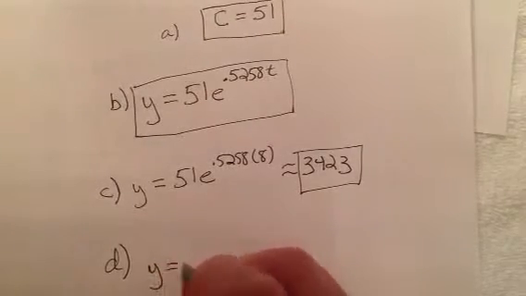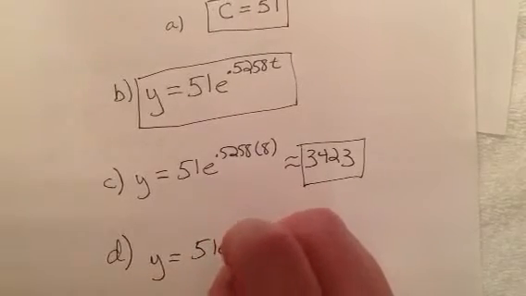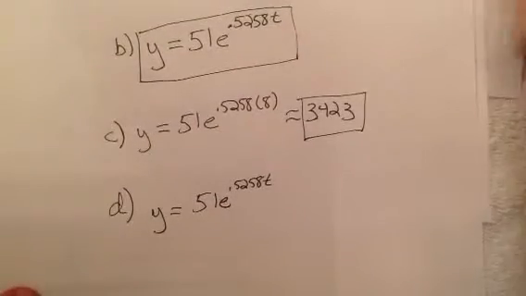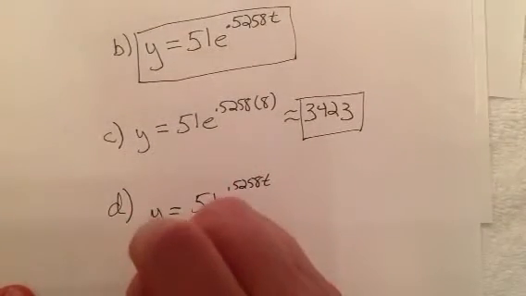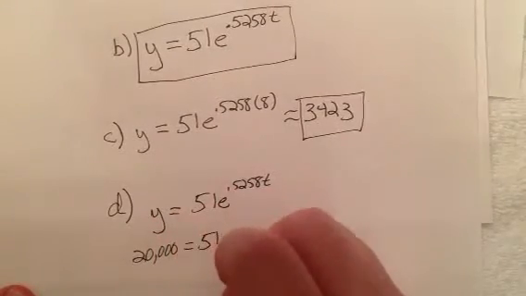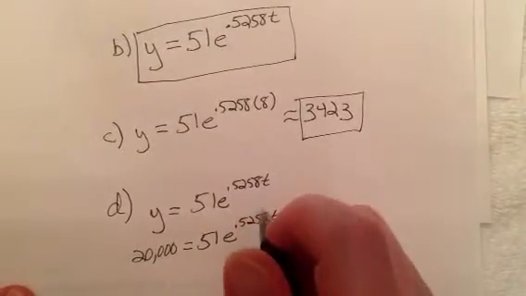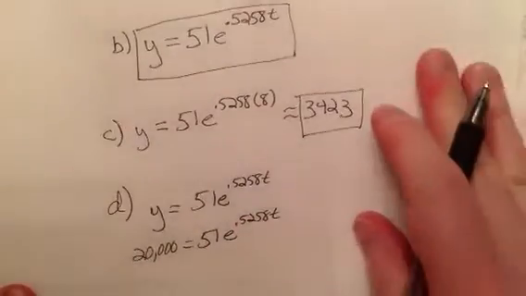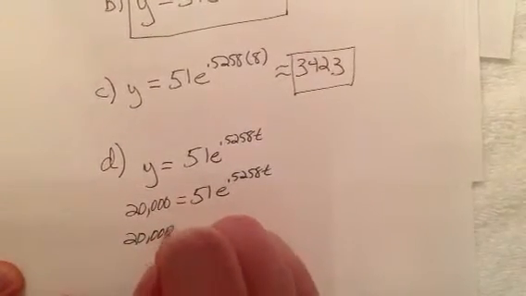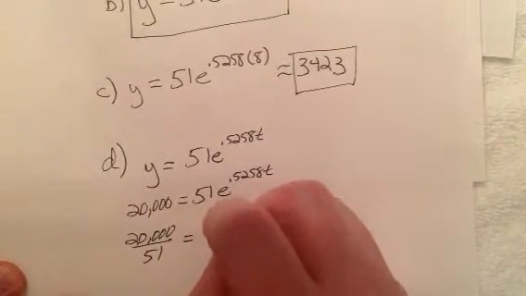So in the case of the model here, we're waiting for y to reach 20,000, which is equal to 51 times e to the 0.5258t. We can isolate the e, so we have 20,000 all over 51 is equal to e to the 0.5258t.